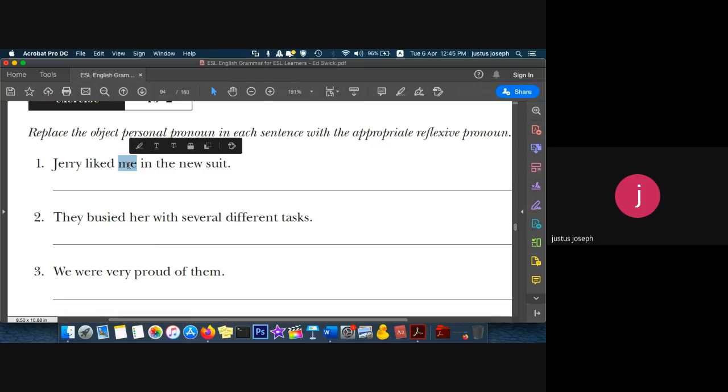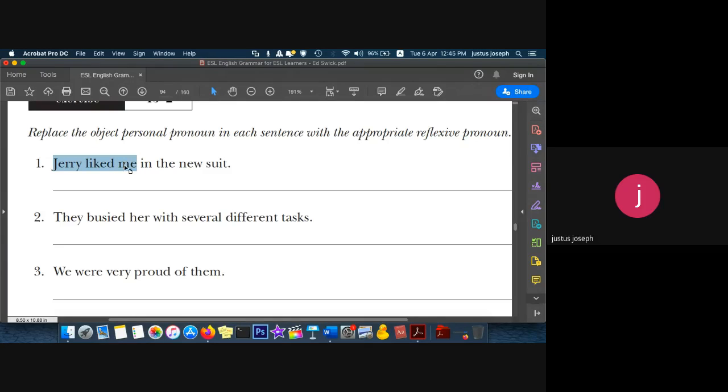Me. So this is the object. Now you have to change this personal pronoun, this object. That's what they are saying. Replace the object personal pronoun. So what can I say instead of me?